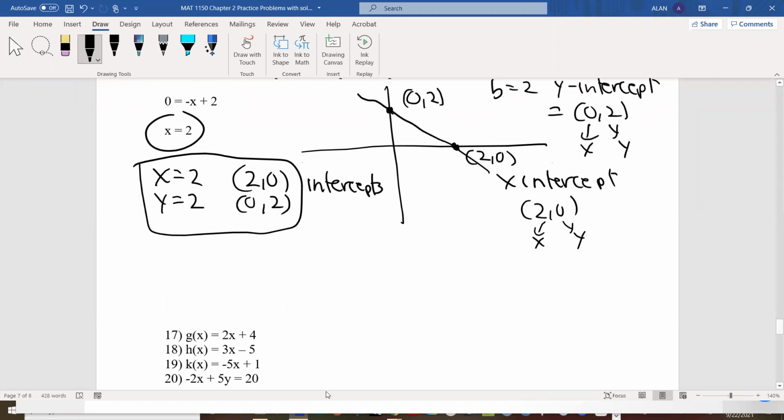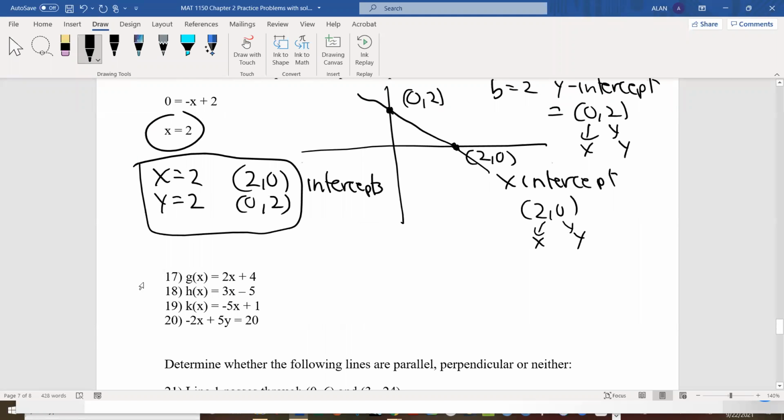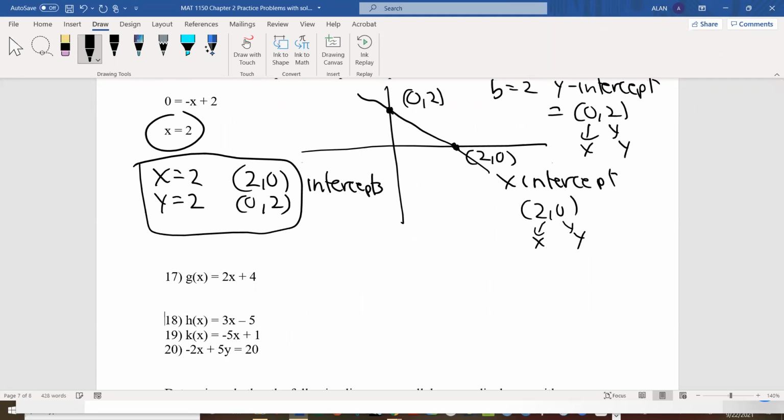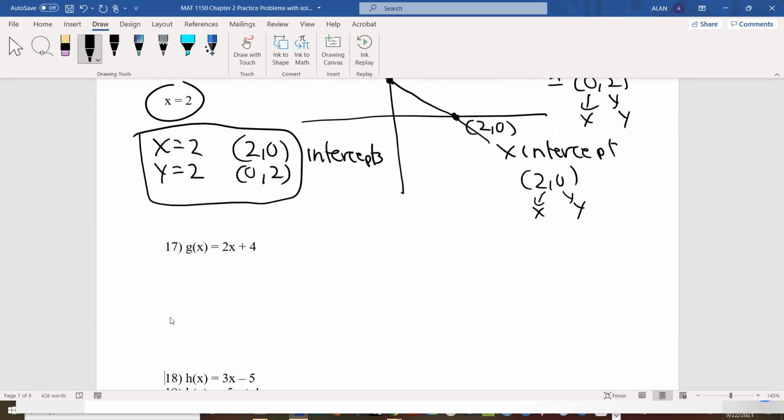Okay. What about 17? Well, once again, we already know the y-intercept is this 4. Specifically, it's the point on the graph 0, 4.